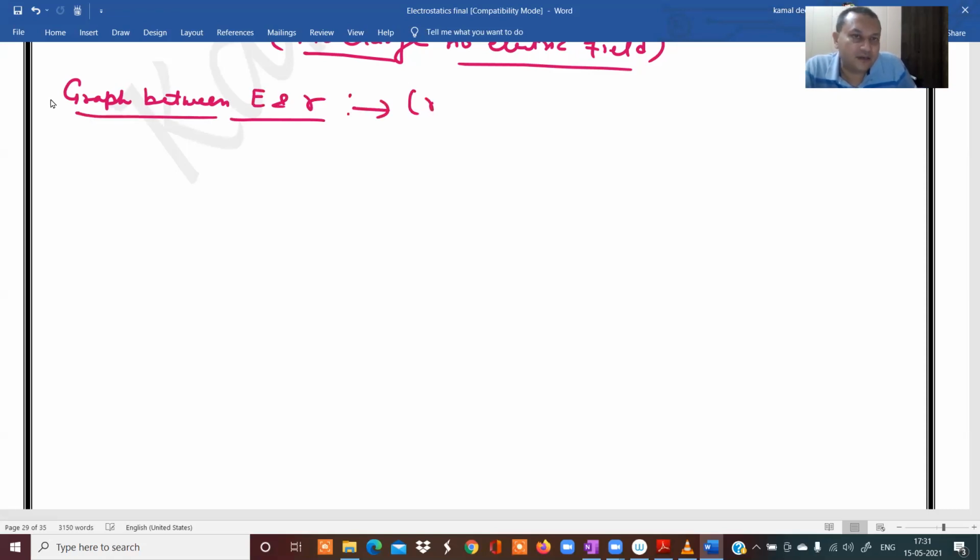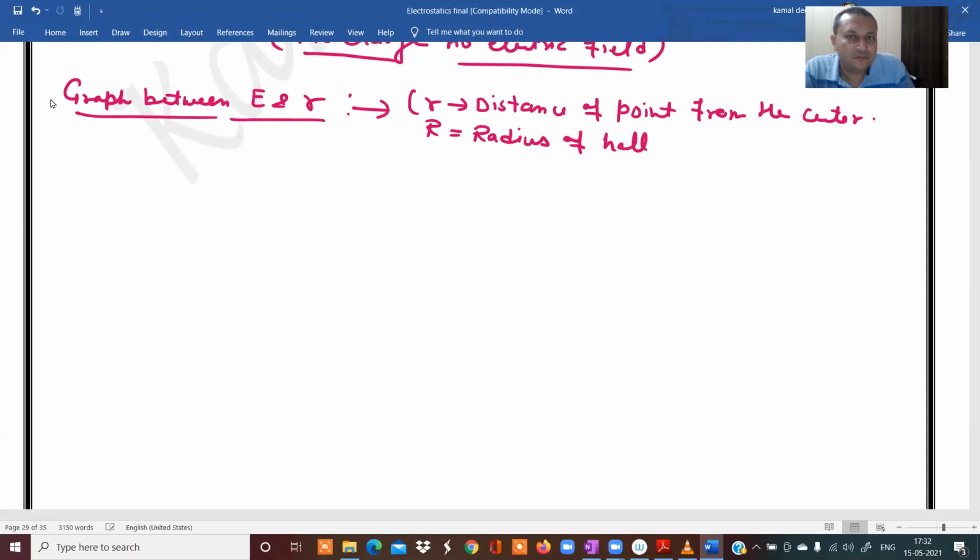What is R? R is the distance of the point from the center. And what is capital R? Capital R is the radius of the hollow sphere.